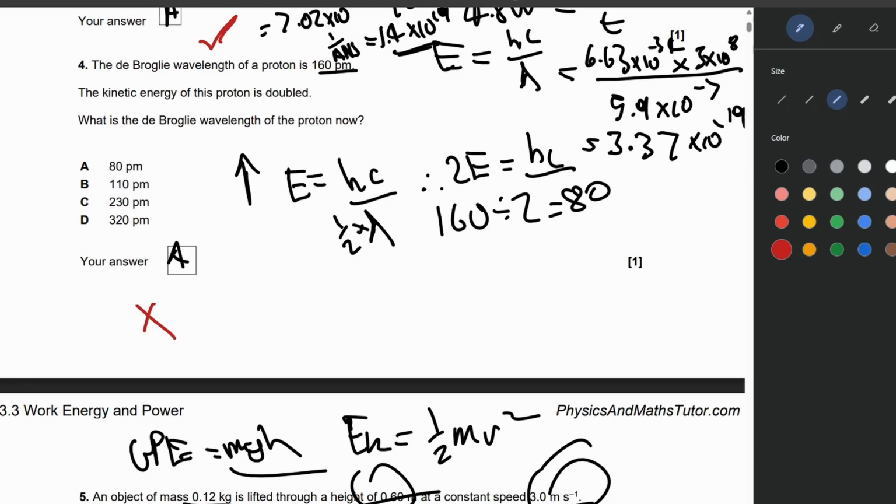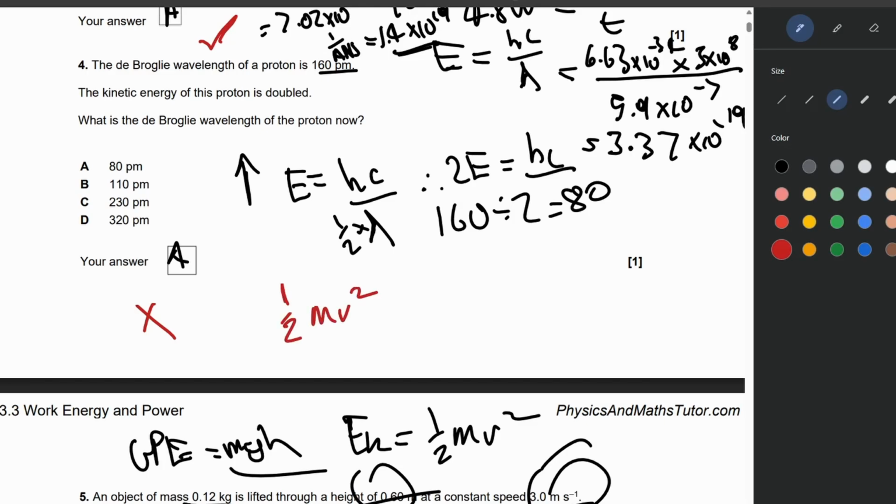The de Broglie wavelength of a proton is 160 p. If you double the kinetic energy, half mv squared, that means doubling the velocity. And velocity is being squared.